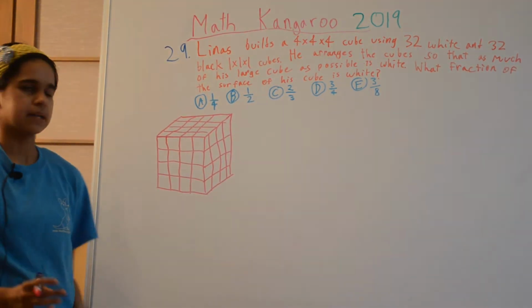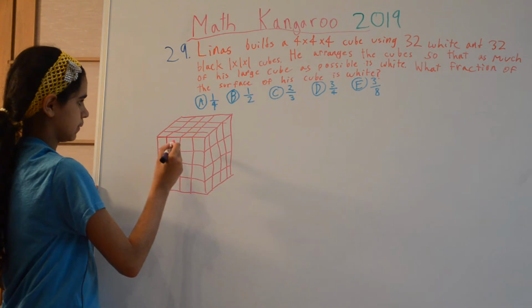So the cube is going to look something like that. And here are all the small cubes.